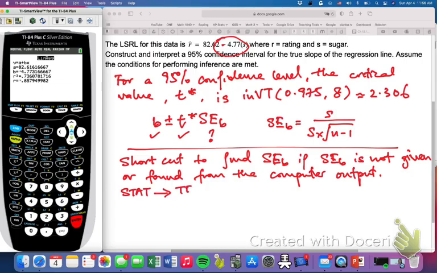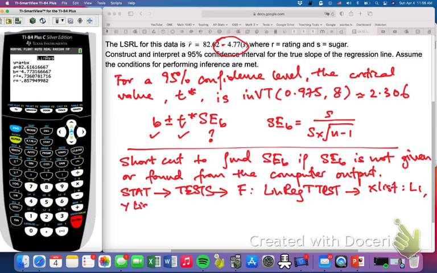If you go to stat, go to test, go to F. This is a new test now, the linear regression t-test. Put your X list as L1, Y list as L2, and then choose not equal to 0.